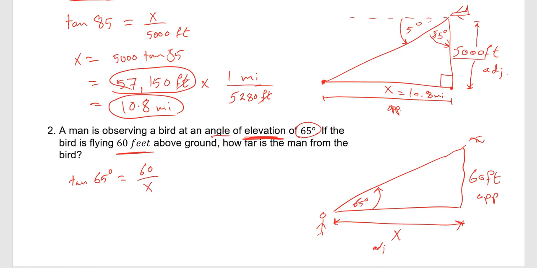Solving for x, we need to multiply both sides by x, and then divide by tangent 65 to isolate the x, which gives us x equals 60 over tangent 65, which evaluates to about 28 feet, rounded to the nearest foot.